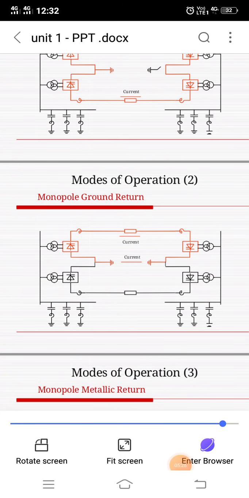In monopolar metallic return operation and bipolar operation, current flows through the valve when the voltage between the anode and cathode is positive. For the valve to commute the current, there must be a positive potential voltage and the thyristor must have firing pulses.